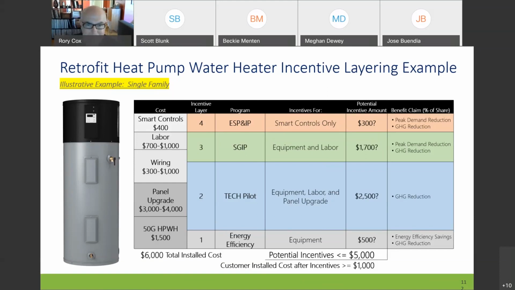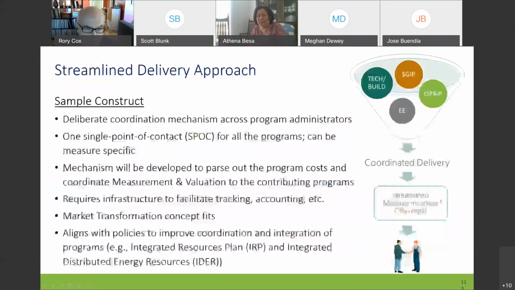Yeah. So Rory, this is Athena, if I could add to that too. I think if you go to the streamlined delivery approach slide that we had showing, certainly there's the single point of contact, but what is behind that single point of contact?